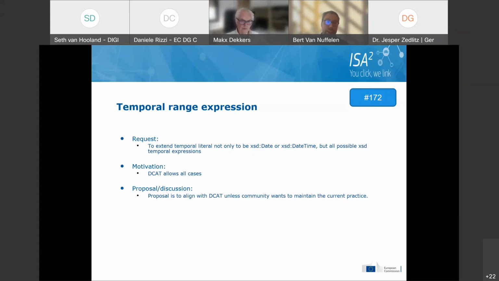Now in DCAT, this XSD range has been extended to any temporal XSD serialization, so month and year as well. So this is the request. Shall we follow this and allow all temporal XSD expressions similar to DCAT?